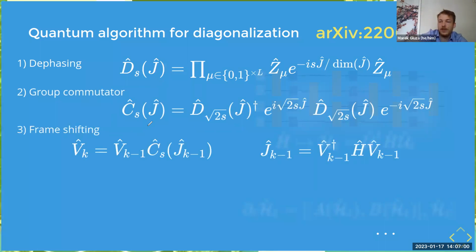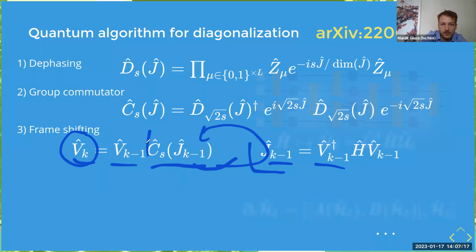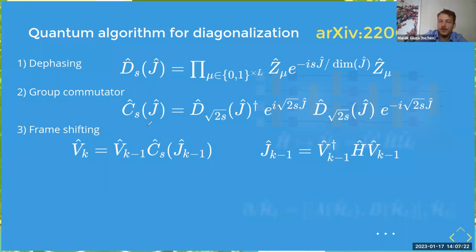I call this frame shifting in the paper. So I recursively evolve my operator. So the JK operator will use the VK definition here, and VK differs from VK by +1 by recursively using that generator to use this group commutator as defined here. So again, a lot of arrows because it's recursive.